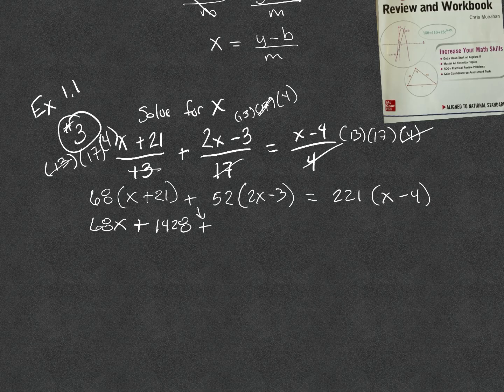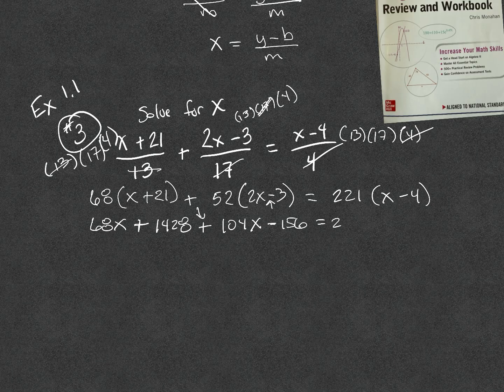And we have 52 times 2x. 52 times 2 is 104 in the x, and now we have a negative here. So 52 times a negative 3 gives us a negative 156.